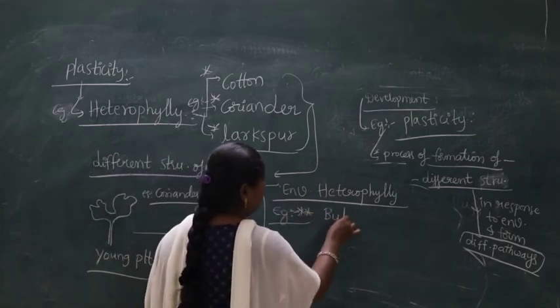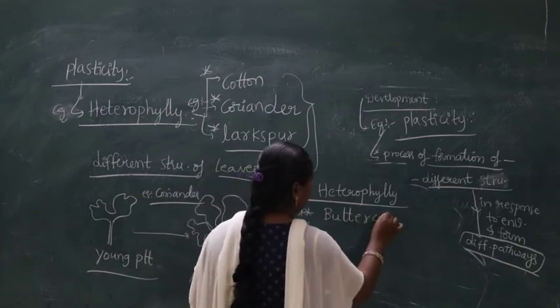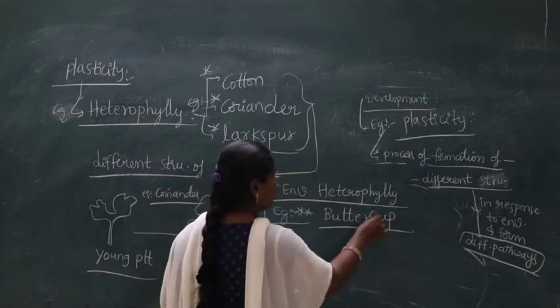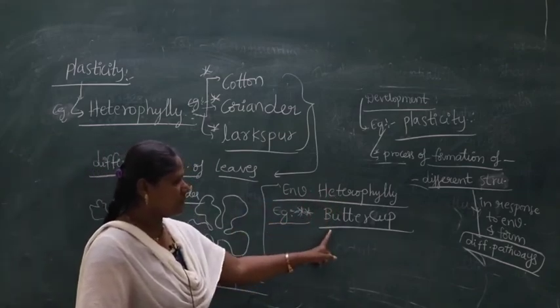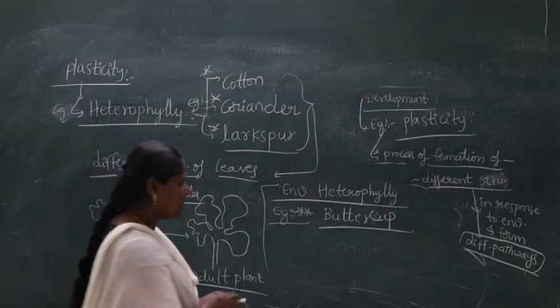You can take the example called buttercup, which is nothing but butter and cup. So what is environmental heterophily? The best example is buttercup. What happens in the case of buttercup?